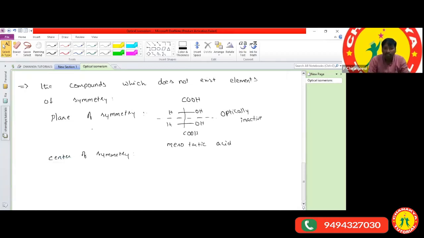I'll draw the structure. Let us see. C bond CH3 bond NH bond CO bond C bond H, here NH bond CO bond, it is that, right?